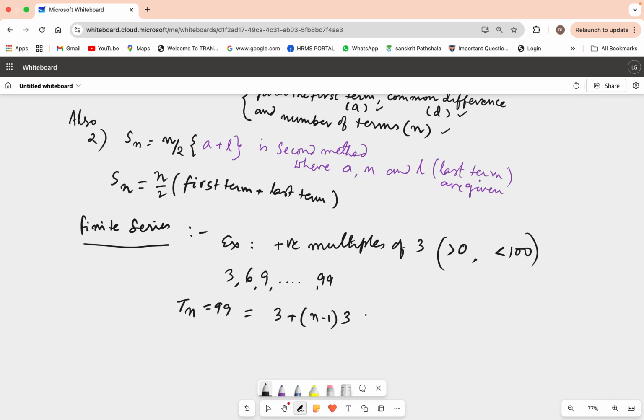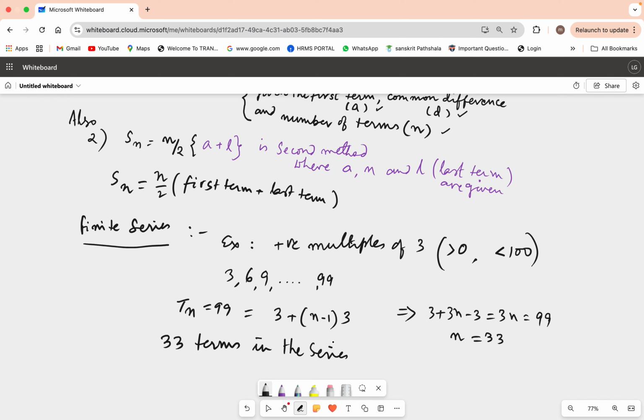So, 3 plus (n minus 1) into 3 equal to 99. This implies 3 plus 3n minus 3, which is equal to 3n, which is 99, thereby giving n equal to 33. That means there are totally 33 terms in the series, right. This is what is called a finite series.